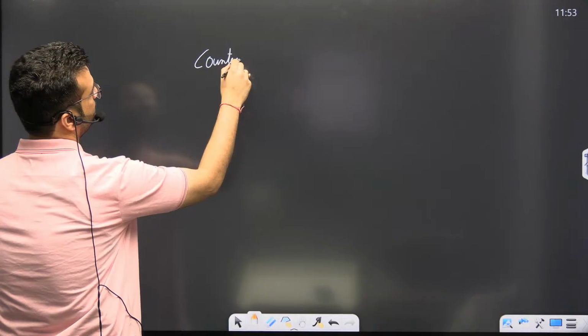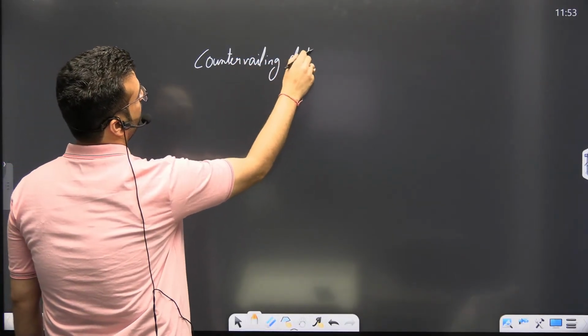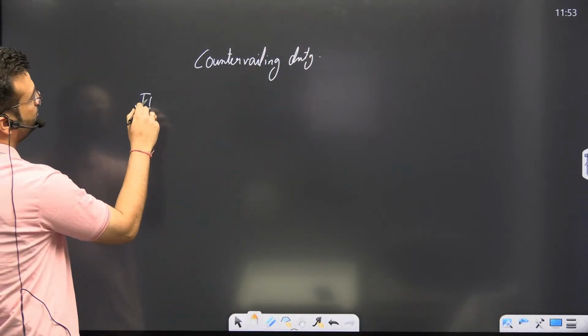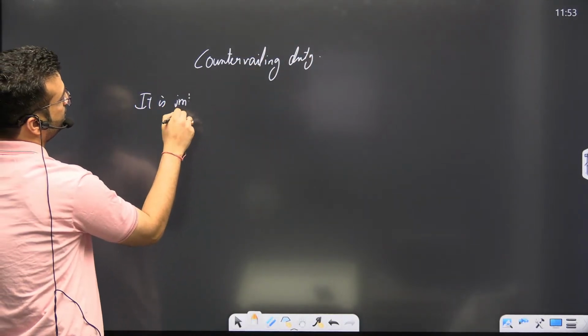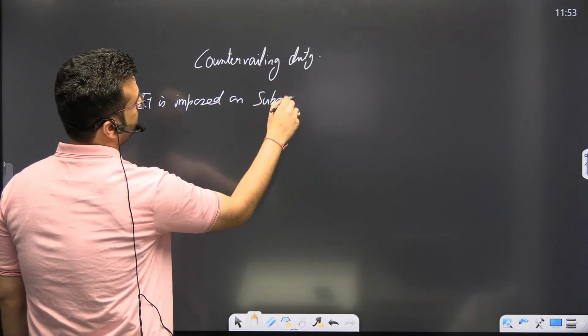What is countervailing duty? It is imposed on subsidized goods.